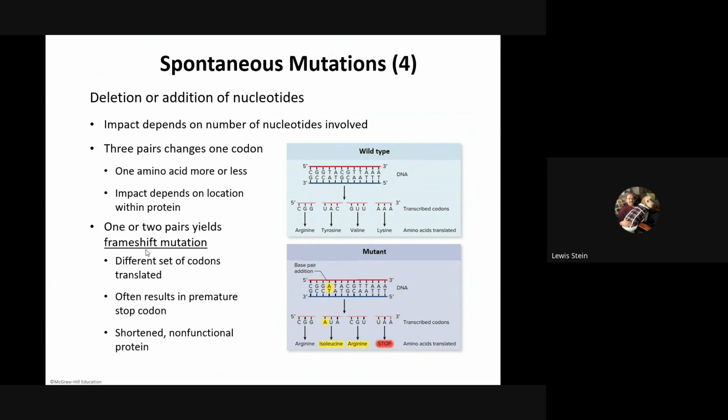Imagine if you had a sentence that was all 3-letter words, like you did in first grade: the fat cat sat, that type of thing. But if you added another letter in there, everything gets thrown off. All you have to do is add something like a TH, and all of a sudden you get "the", and the next word, instead of cat, you'd have TFA. What's that? So all of a sudden it throws everything off downstream.